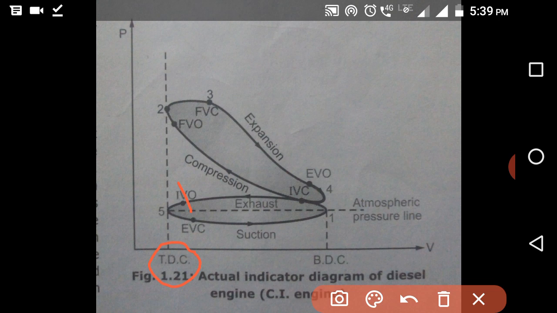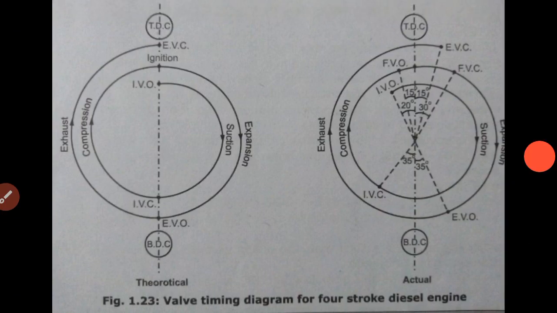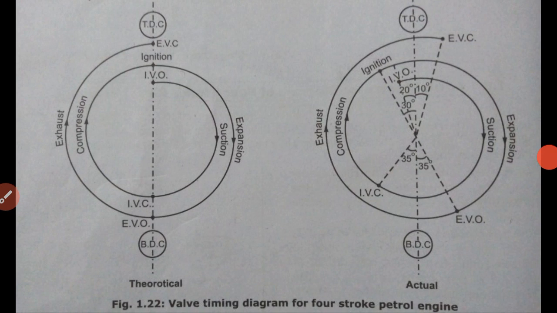So that representation of opening of inlet and exhaust valve with reference to angular movement of the crank, and similarly the firing order, whatever representation we are doing of inlet valve opening, exhaust valve opening, inlet valve closing, exhaust valve closing, firing order, that representation we call the valve timing diagram.